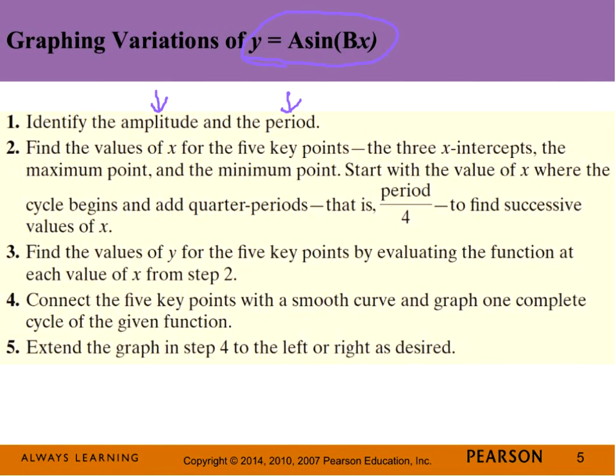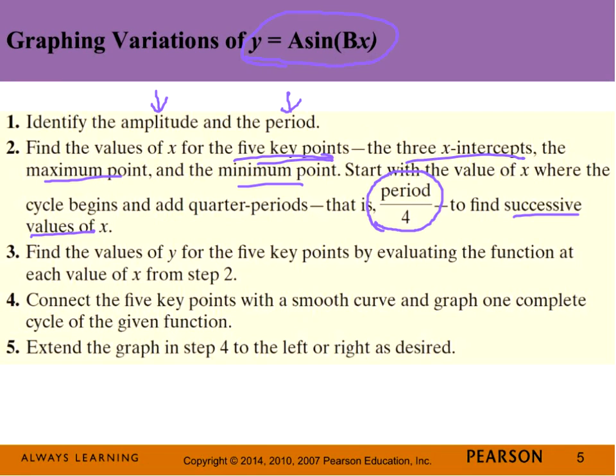And then we'll find those 5 key points, which are your 3 x-intercepts, your max, and your min. And we'll also identify what value of x starts that cycle, by using this little expression here to find the successive values.